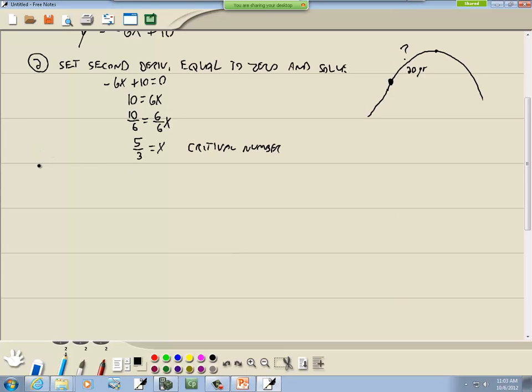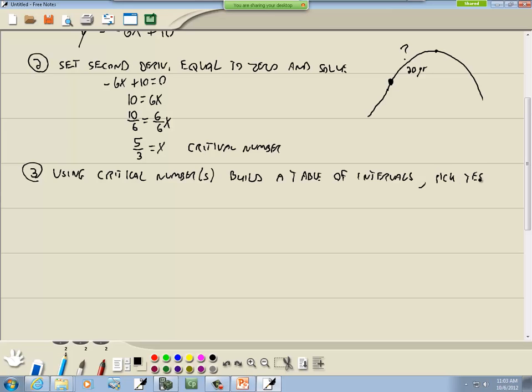Okay. Step 3. Using the critical numbers, build a table of intervals, pick test cases, plug into your second derivative, and simplify.